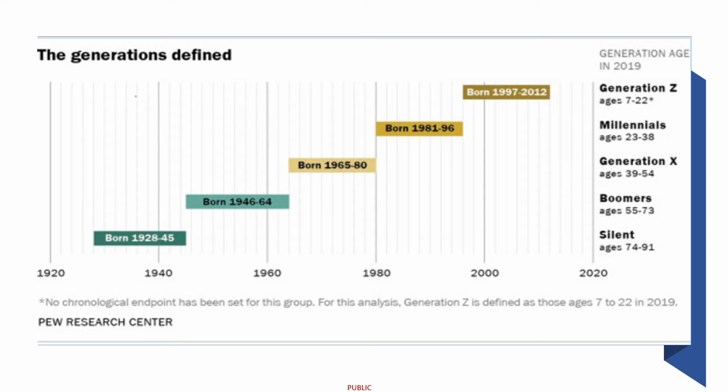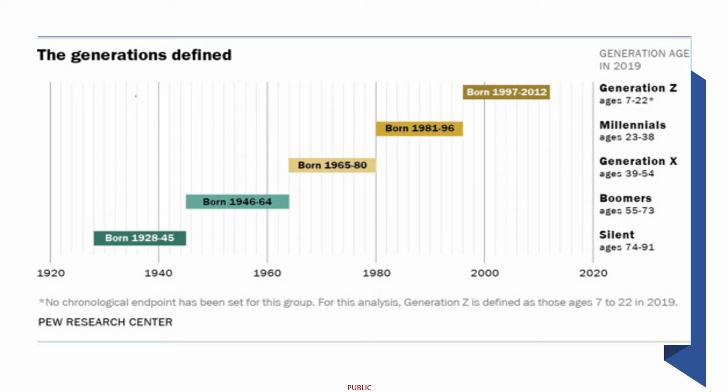Again, this is the range. Then in 2000, these people are born from 1981 to 1996, and these are called the millennials, and their age is 23 to 38.